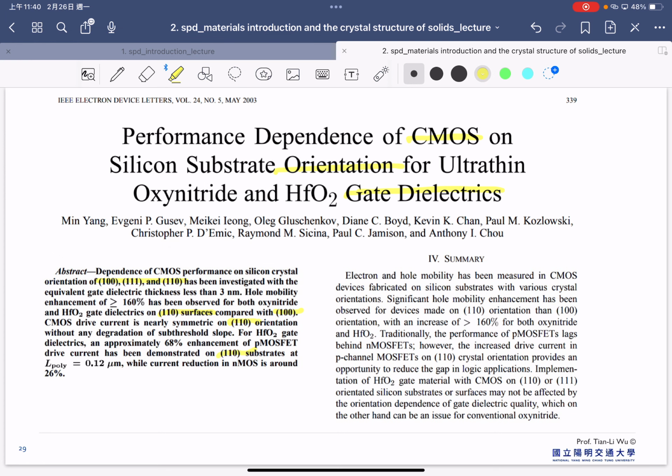So in general, this is a paper discussing different planes in your material that show different electrical results, which is certainly related to performance. The performance here is mainly considered for the current.